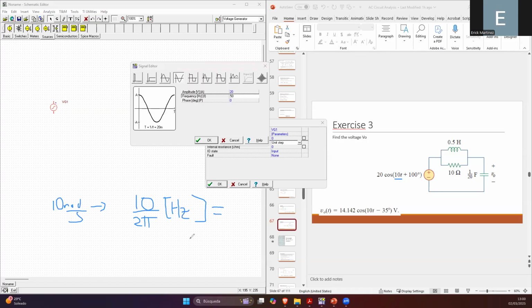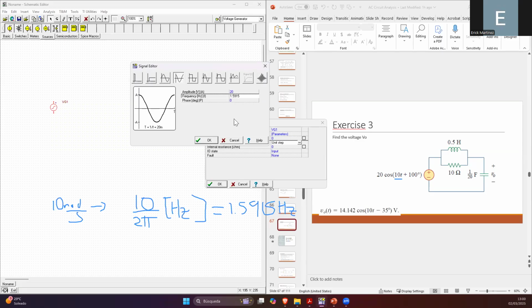That is equal to 10 over 2 pi, which is 1.5915 hertz. So we need to place this in the simulator: 1.5915 hertz.